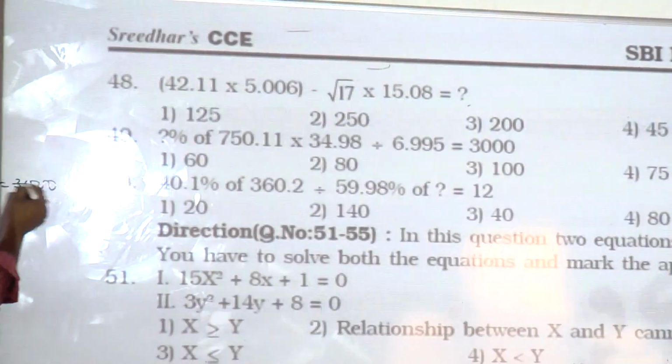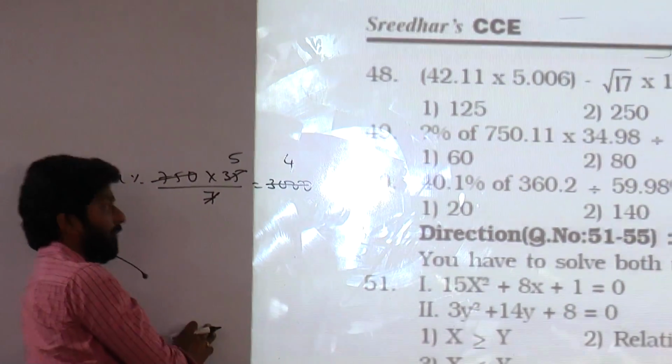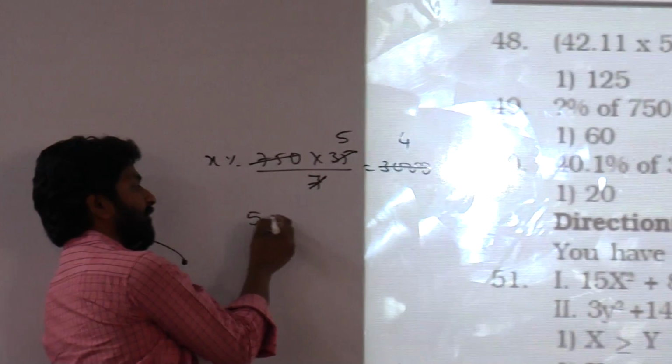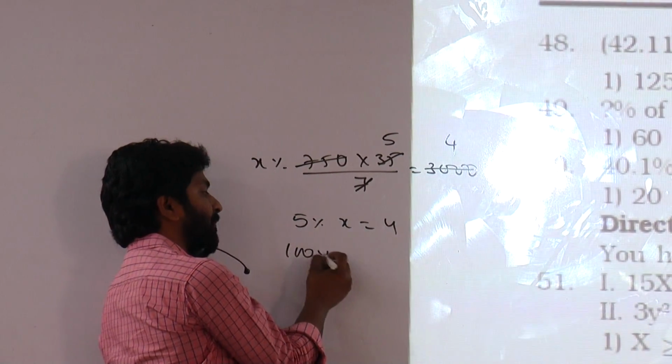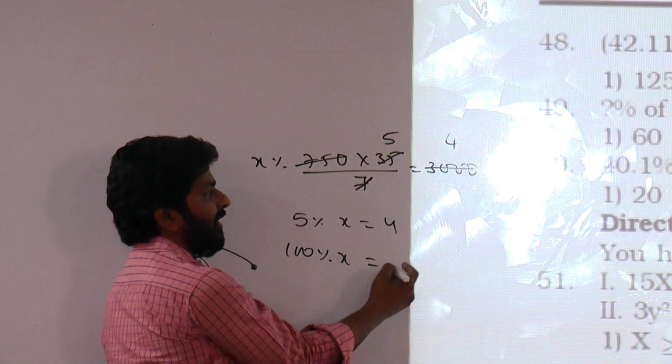So 750, this is 4 times. So I can say 5% of x is equal to 4, 100% of x is equal to 20 times.